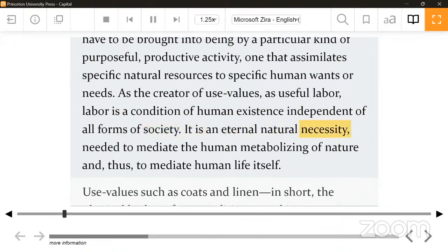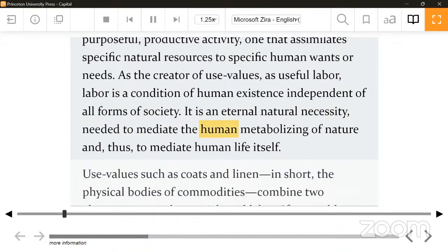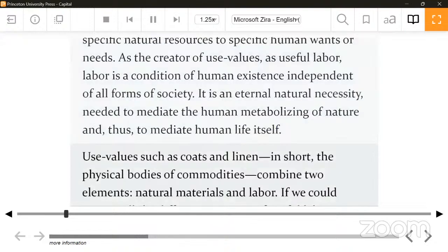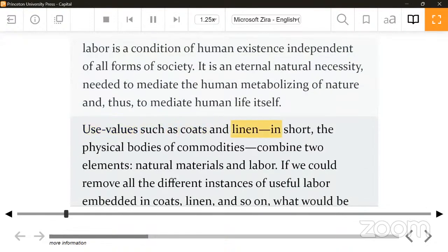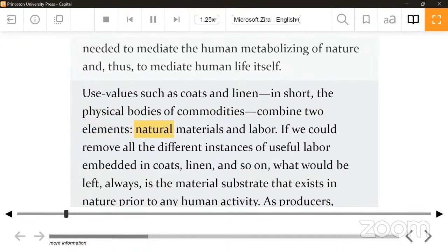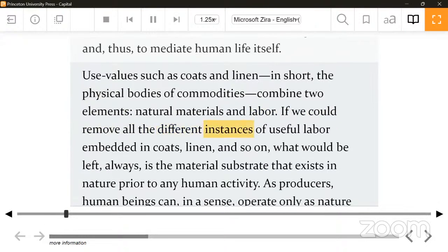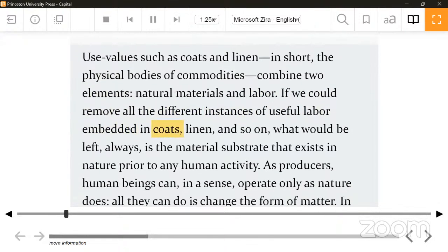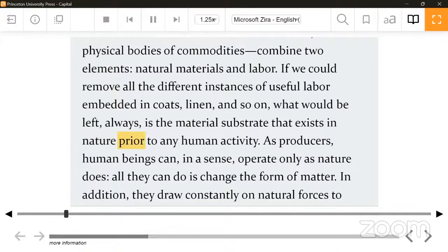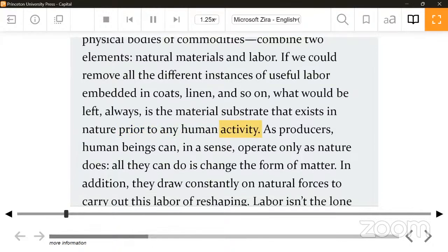It is an eternal natural necessity, needed to mediate the human metabolizing of nature and, thus, to mediate human life itself. Use values such as coats and linen, in short, the physical bodies of commodities, combine two elements, natural materials and labor. If we could remove all the different instances of useful labor embedded in coats, linen, and so on, what would be left, always, is the material substrate that exists in nature prior to any human activity.